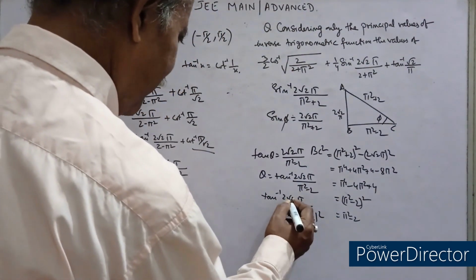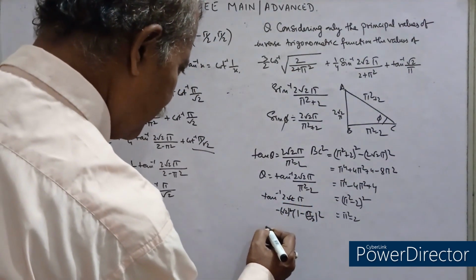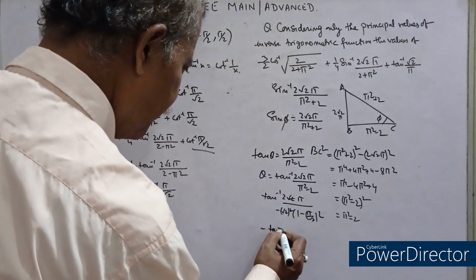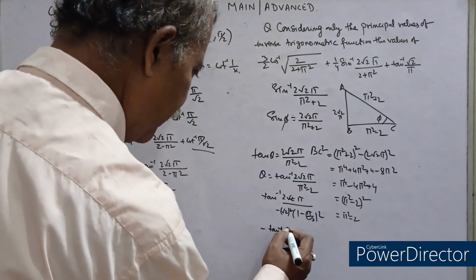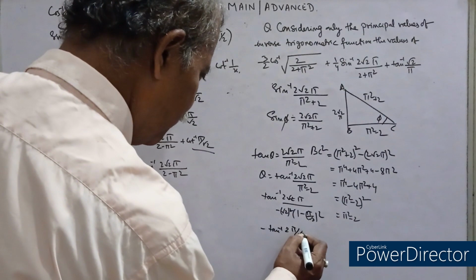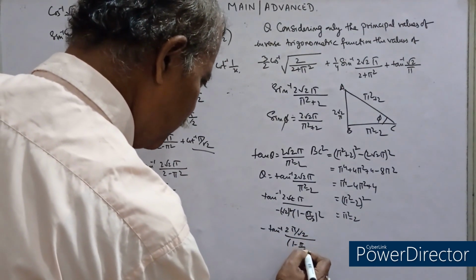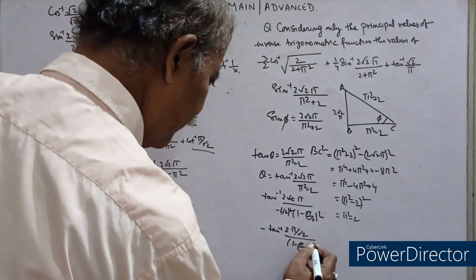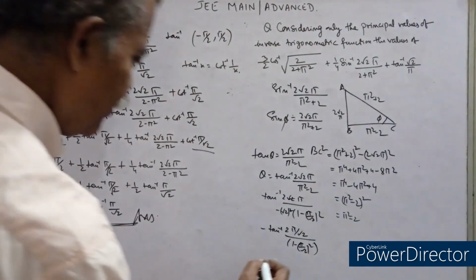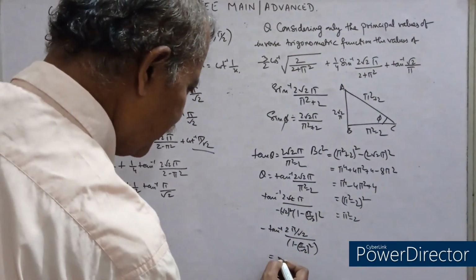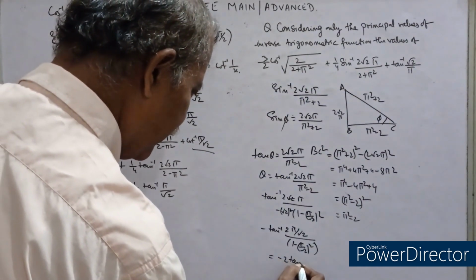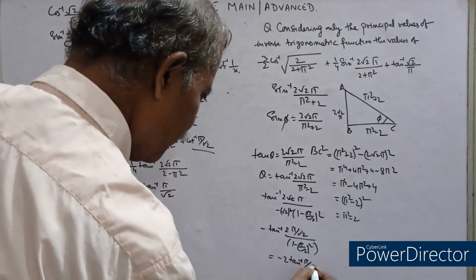So 1 cancels out, and this will be minus tan inverse 2 pi by root 2 by 1 minus pi by root 2 the whole square. So this comes out to be minus 2 tan inverse pi by root 2.